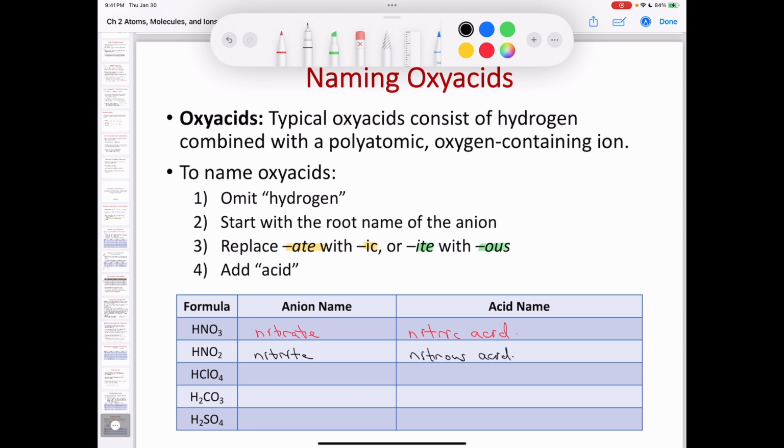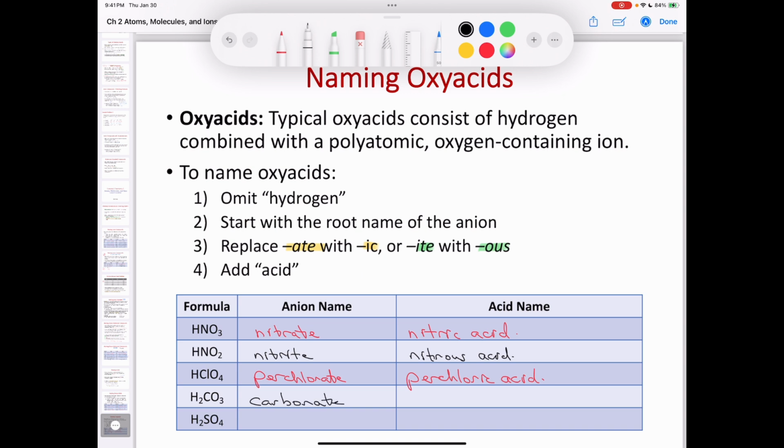acid, okay? Next one, if we have, this is the perchlorate ion, so we'll put here perchlorate, so that means it's going to be perchloric, right? So it would be perchloric acid. Next one is we have the carbonate ion here, so this would be carbonate.